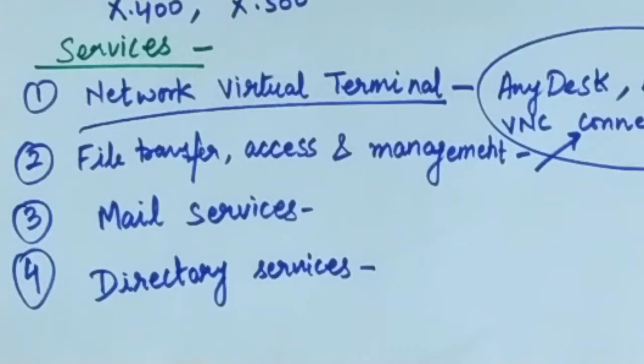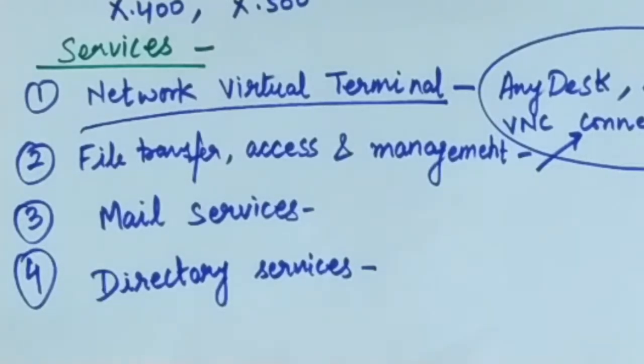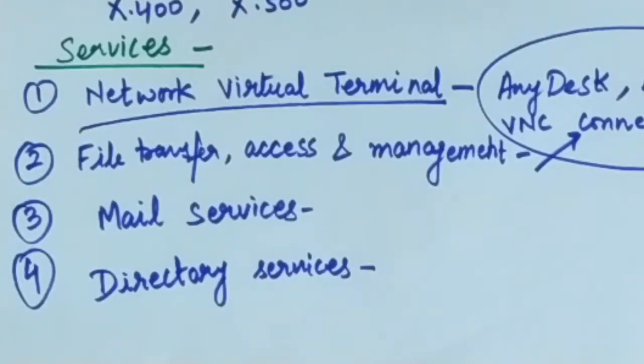It helps in accessing the global information about various objects and services. That is, the directory service is a collection of software and processes. It provides mapping between the network resources and the network addresses.